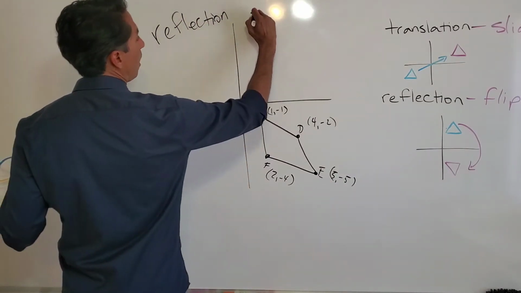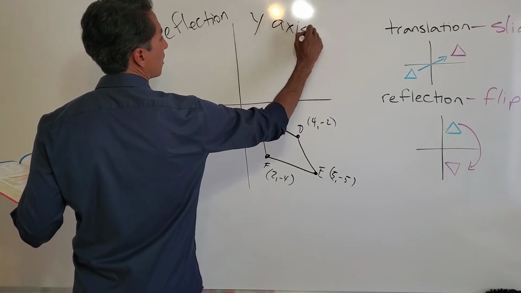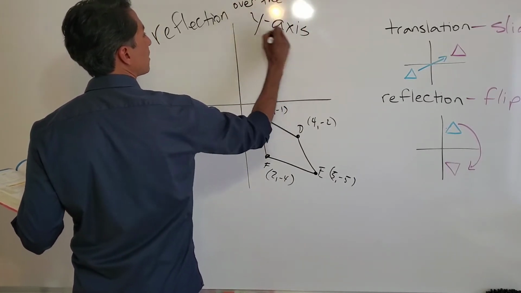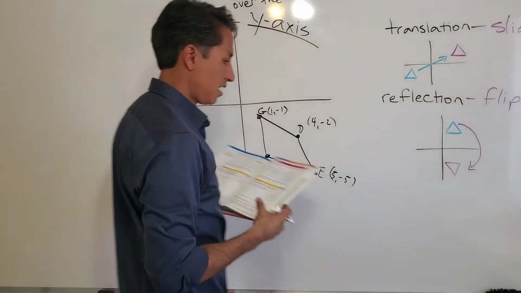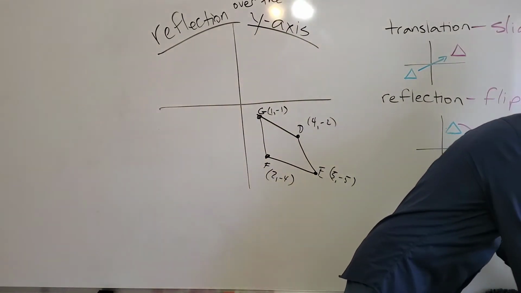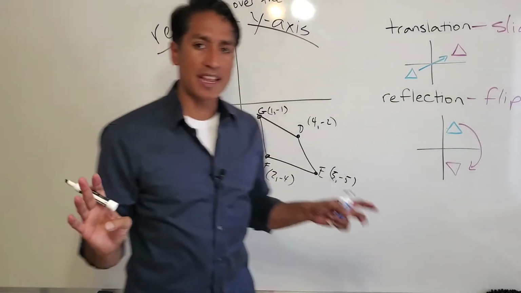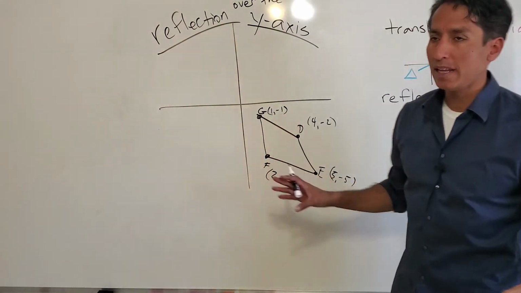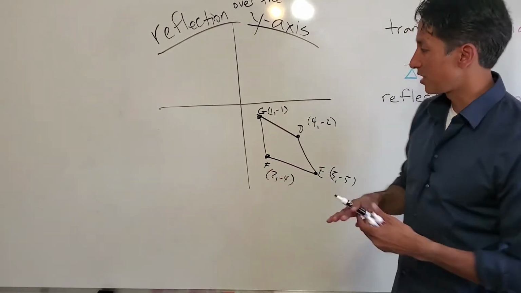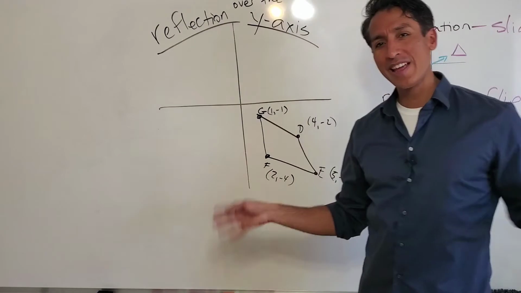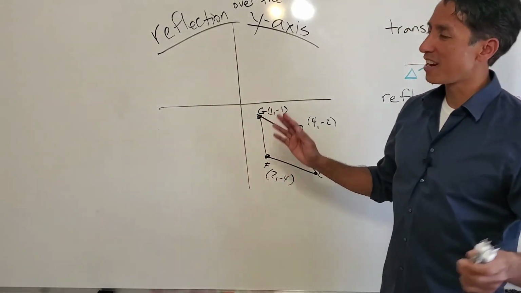after a reflection over the y-axis. Graph it over the y-axis. This is where you've got to take your time and be careful with what you're being asked, because I have students that will slide this thing, flip it, turn it. No, dude, all I need you to do is what the directions say.